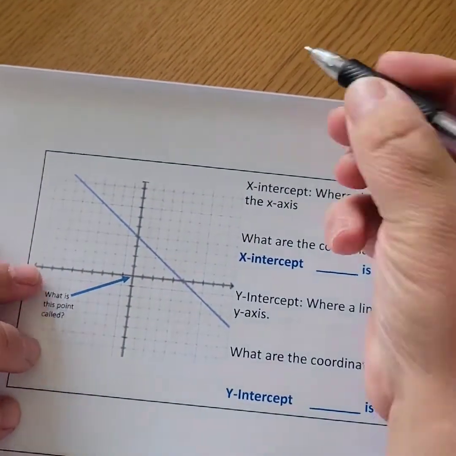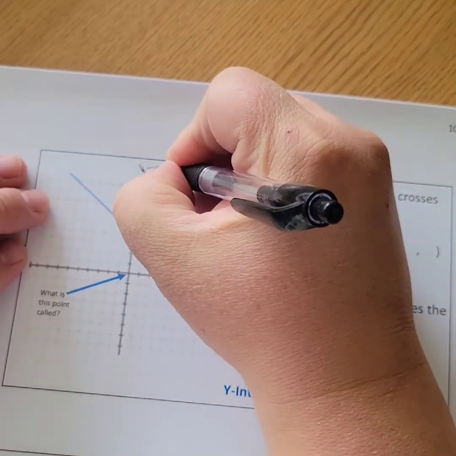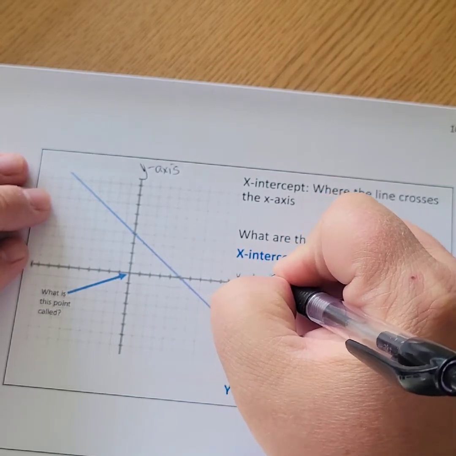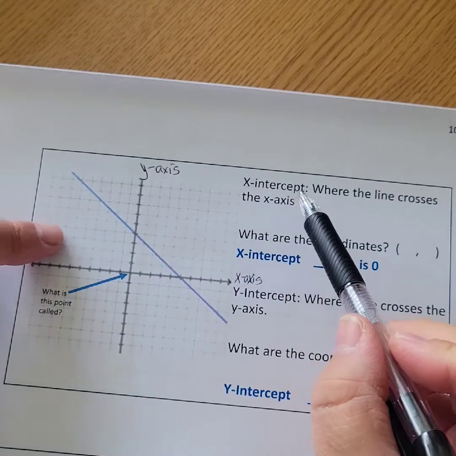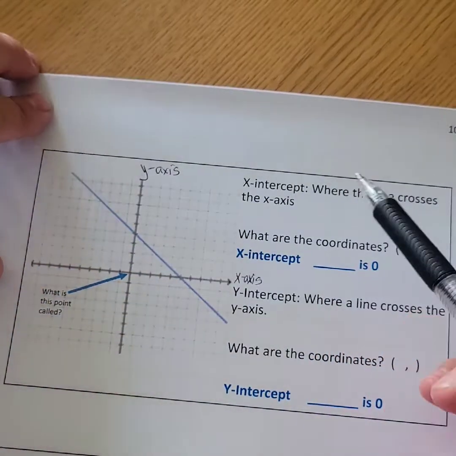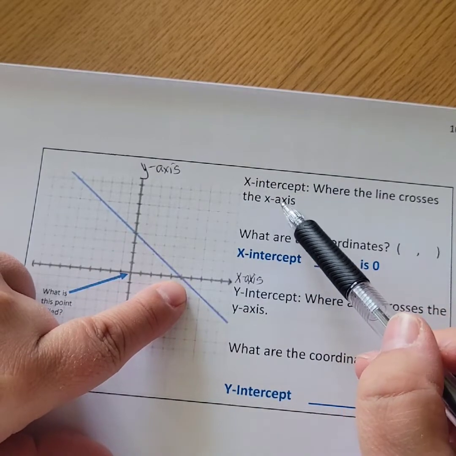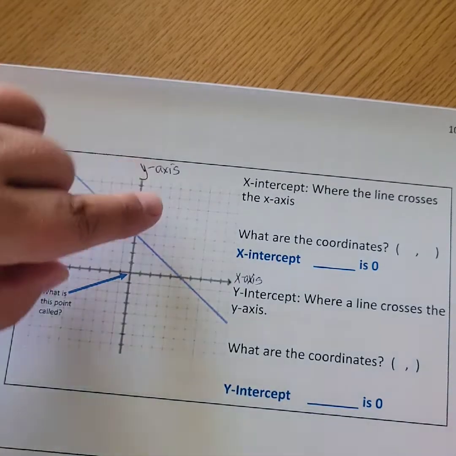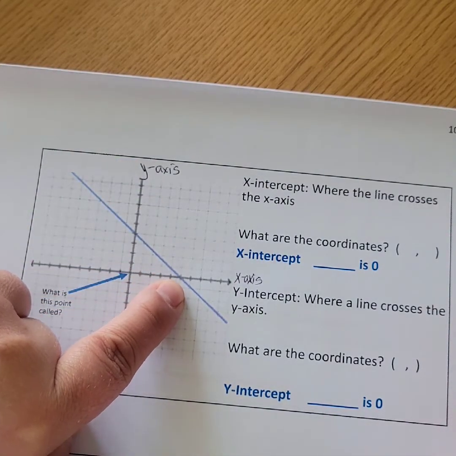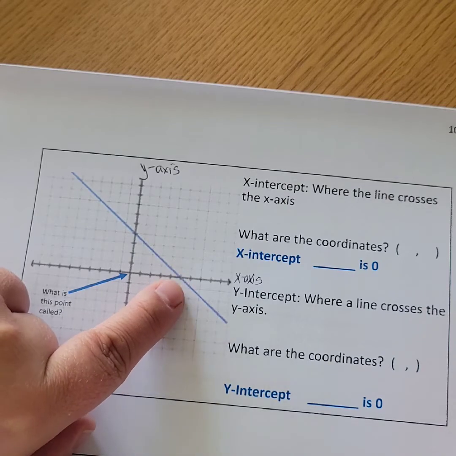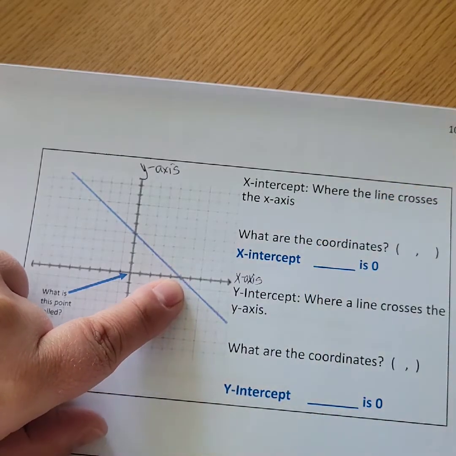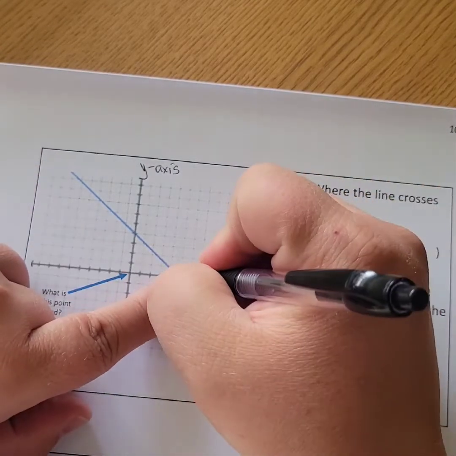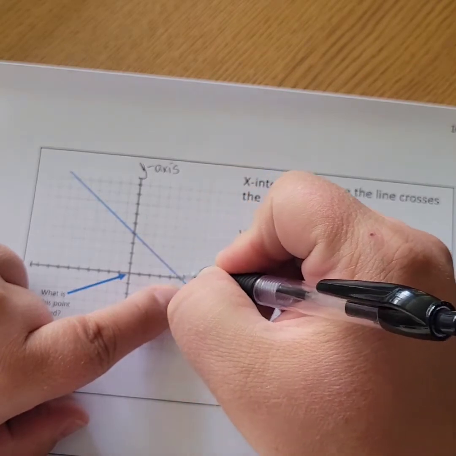So then, remember this is the y-axis, and this is the x-axis, okay? So the x-intercept of this blue line right here is where it crosses the x-axis. Well, this is the x-axis, okay? So then if we look, for the x-intercept, so right here it would go 1, 2, 3, 4, 5.